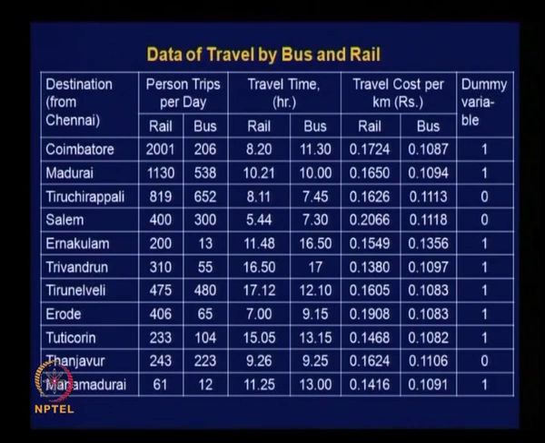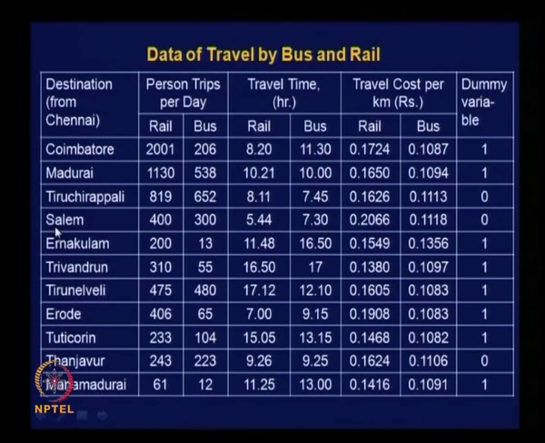And you can see, interestingly, in all the cases train fare is higher than bus fare, in spite of the manipulations done. It is true at the time of doing the calculation, in most situations train fare is more than bus fare per kilometer rate, and the travel time, of course, varies, and you can see the influence of travel time on modal share.